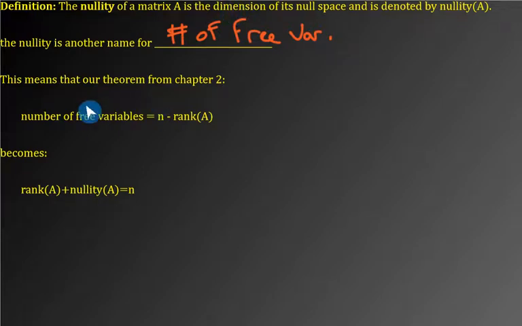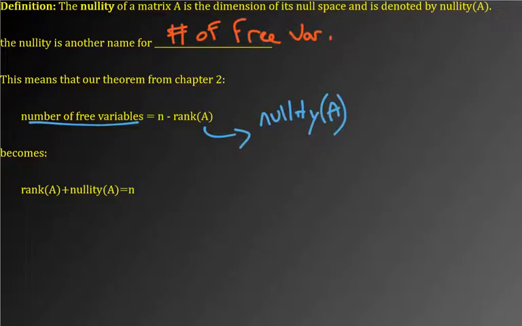And we can take this theorem, in quotes, that we did before, and it turns into this, because this number of free variables right here is really denoted nullity of A, right? And then n is n, and then the rank of A is the rank of A.